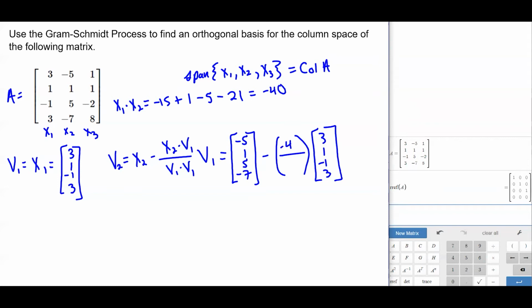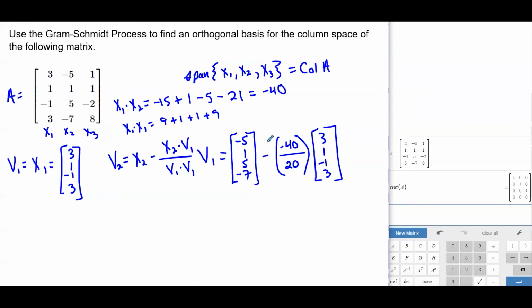So this numerator is negative 40. All right, and then the denominator is v1 dotted with itself. So that's x1 dotted with itself. So I'm going to get 9 plus 1 plus 1 plus 9, right? You just square these and add them up. So that's 20.